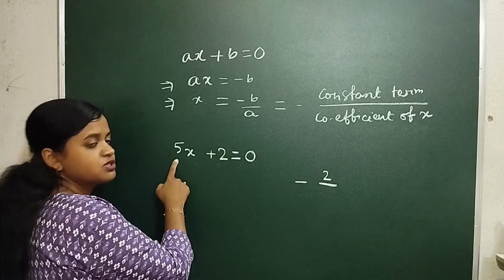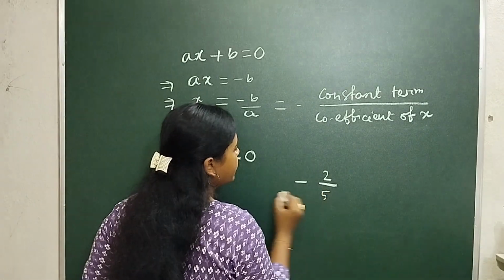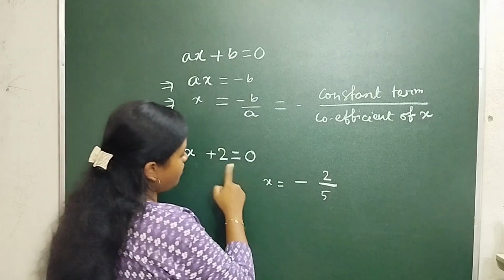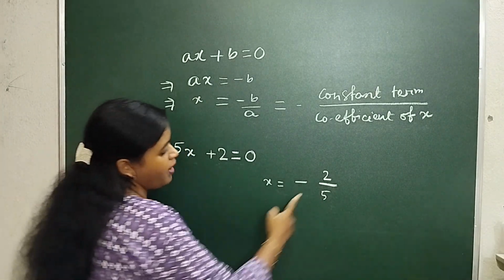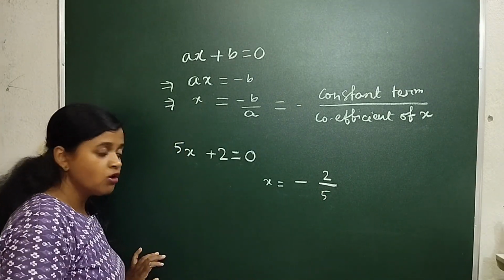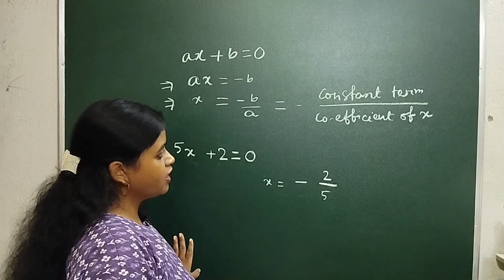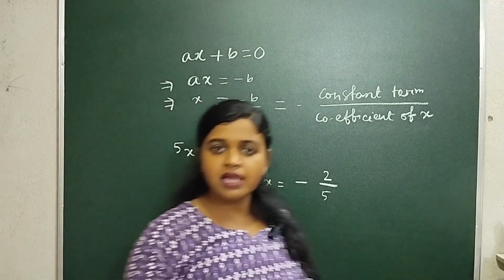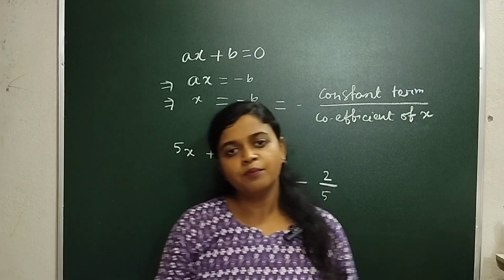What is the coefficient of x? 5. So the zero of this polynomial is x equals minus 2 by 5 without calculating x, by this relationship of zeros and coefficients of the polynomial.